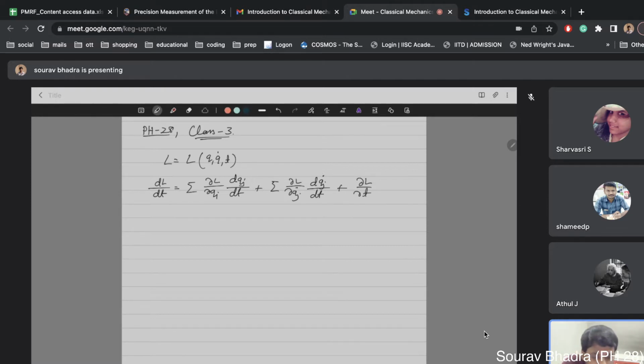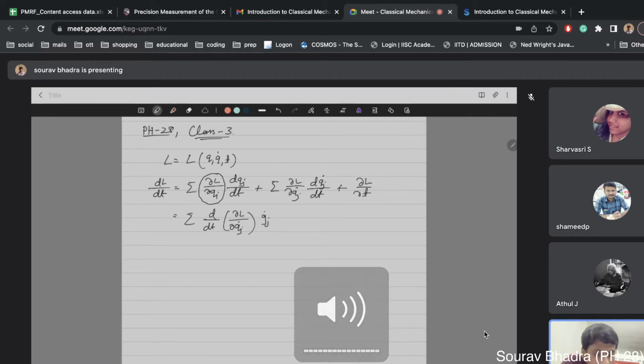Now, this del L del qj term, if we replace it using the Lagrange equation, will give d dt of del L del qj dot, and dqj dt is qj dot, plus del L del qj dot times dqj dot dt plus del L del t.